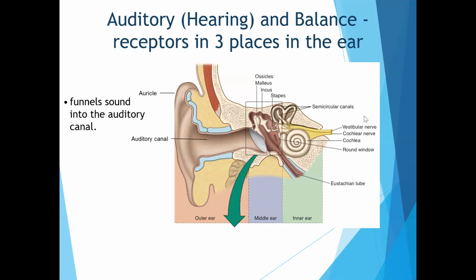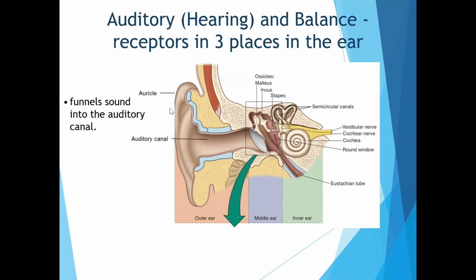Okay, now moving on to hearing. This is a little more in depth. The ear is a super important area, especially once we get all the way to the inner ear. So we talk about the ear in 3 different parts. We have our outer ear, our middle ear, and our inner ear. So we'll go through all parts of that.